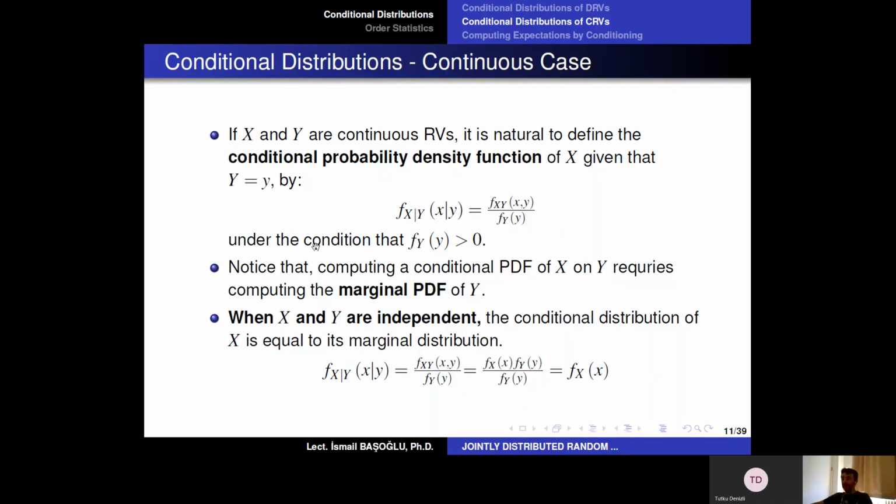And of course, a necessary condition is that the density value of the observed random variable should be positive. Otherwise, this ratio would be undefined. And if the density is positive, then it is also possible that this random variable can take that value, right? We do not say that it has a positive probability to be equal to that value, but it is possible.